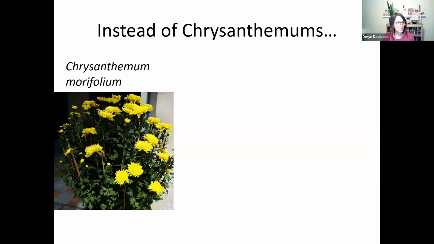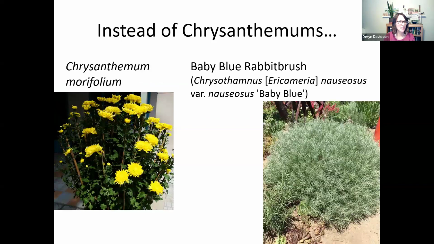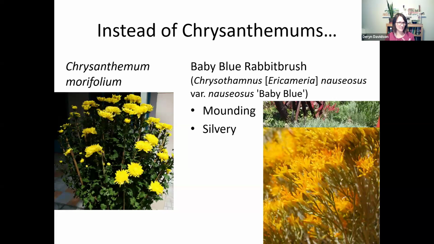Instead of chrysanthemums, so people plant chrysanthemums in the fall, you could consider rabbit brush. We've got very mounding rabbit brushes. This is Baby Blue, a more compact dwarf option with kind of silvery foliage, and then it gets these nice yellow blooms in the fall.